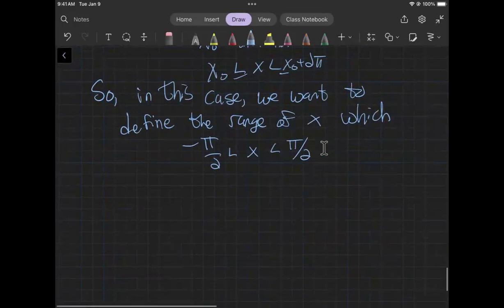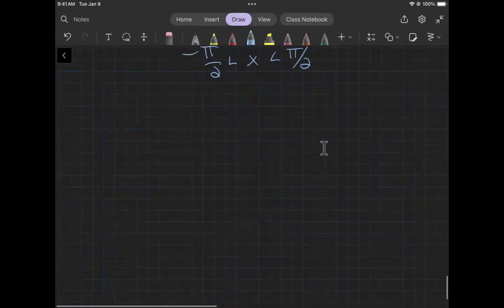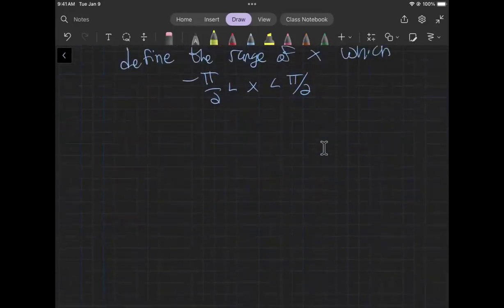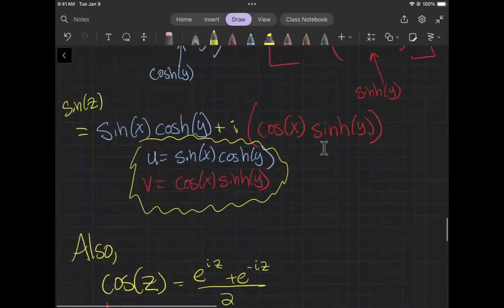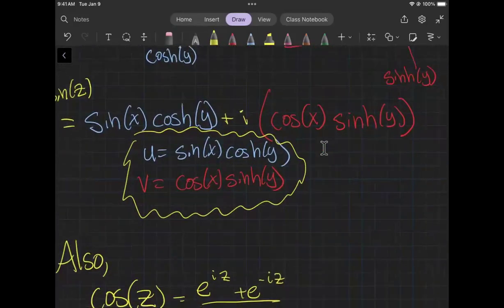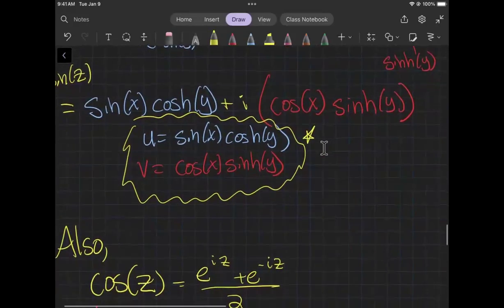So we have to look back at how we define the real and imaginary components for sine of z, and these are the equations here.